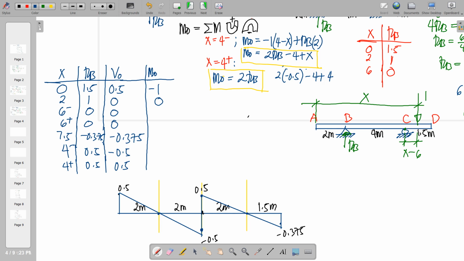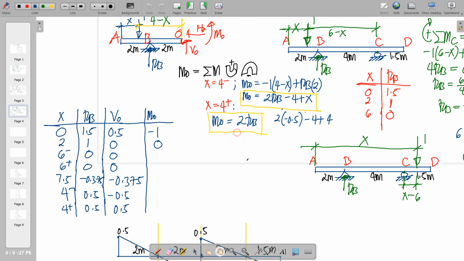So therefore, 4 minus 4, 0. 2 times negative 0.5, that is negative 1. Sorry, this should be positive 0.5. 4 minus RB is 0.5.